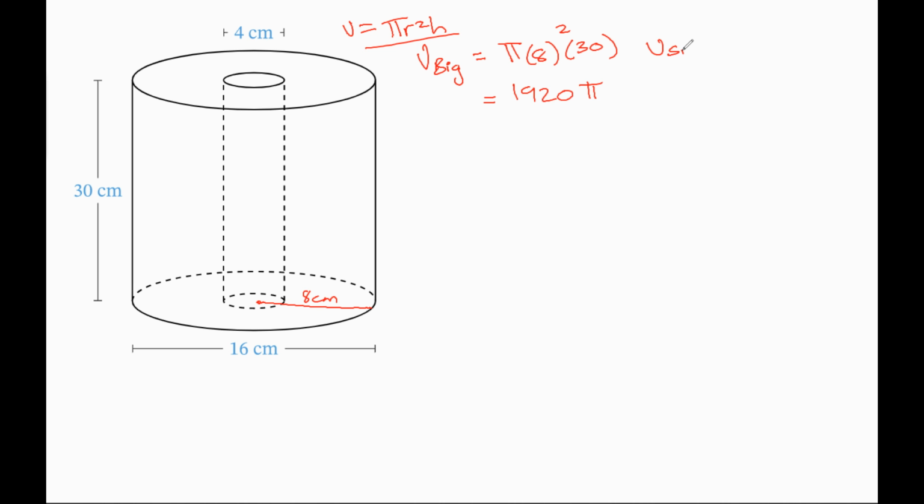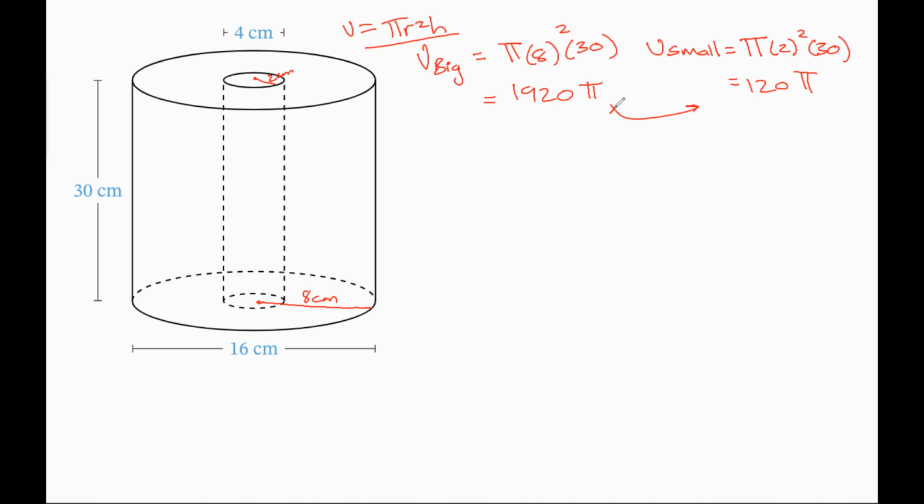The volume of the small cylinder, working on the same basis: pi multiplied, but now we can see that this is 2 centimeters because it's half of 4. So 2 squared times the same height, 30. 4 times 3 is 12, so 120 pi.